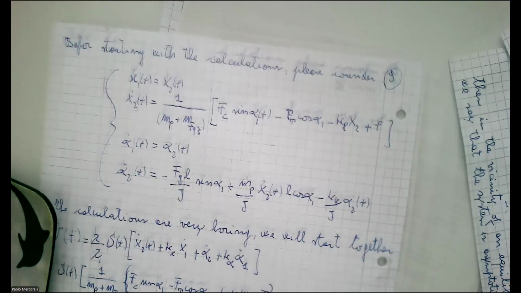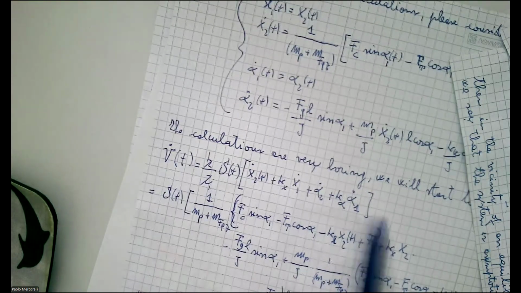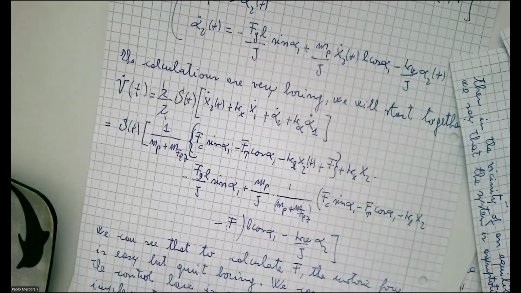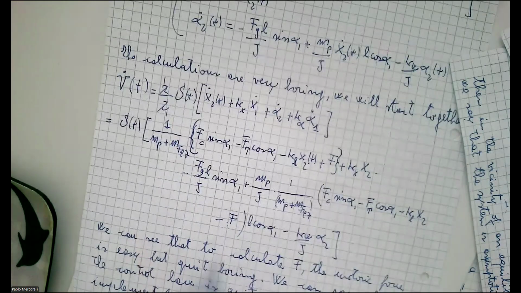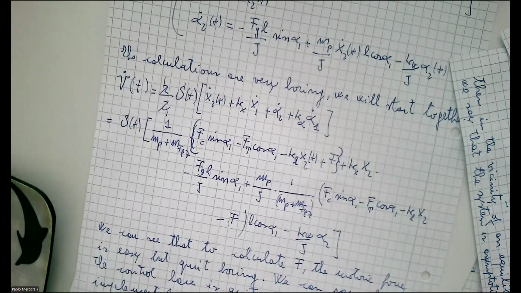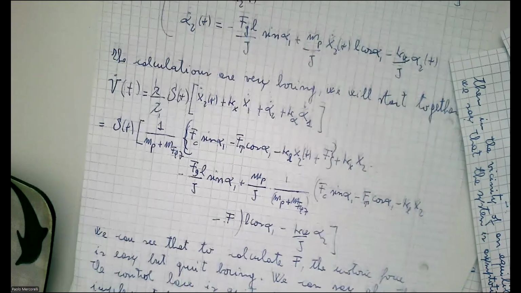Doing the calculation to obtain f, I compute V dot. As I told you before, it's extremely complicated, not complicated but boring. I will obtain an f which stabilizes also x1 equals 0, x2 equals 0. But in the same way, we don't want this.